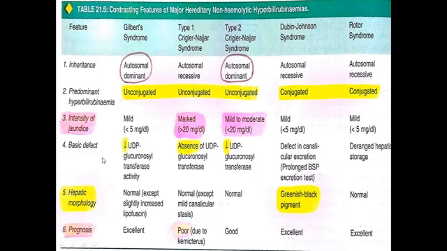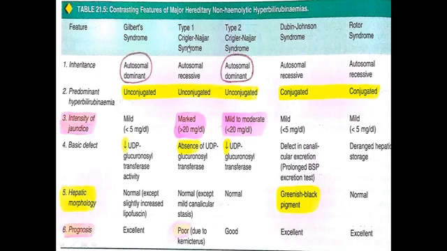And what is the basic defect? In Gilbert and Crigler-Najjar, the affected part is the UDP glucuronyl transferase enzyme. Here, there is decreased activity in Gilbert, absence of UDP glucuronyl transferase in Crigler-Najjar type 1, and decreased UDP activity in Crigler-Najjar syndrome type 2.